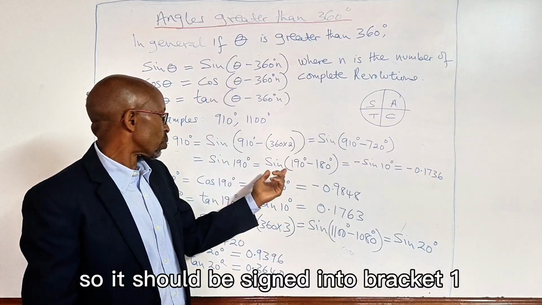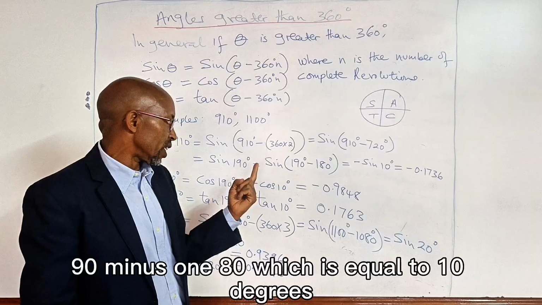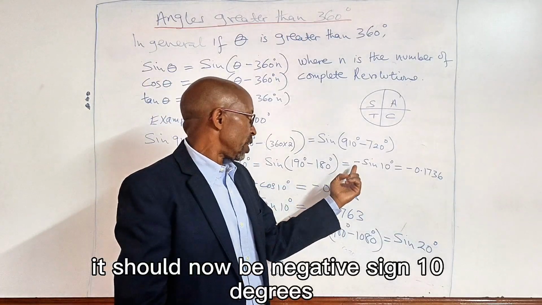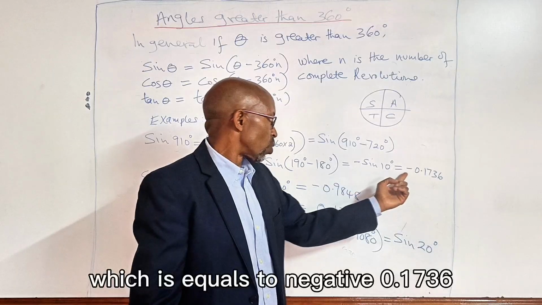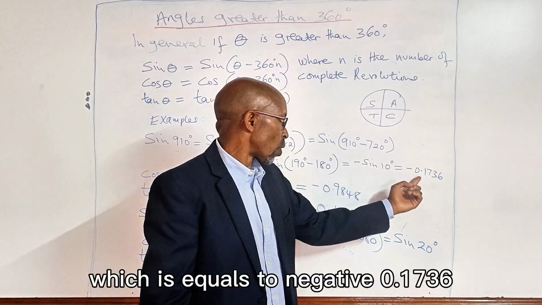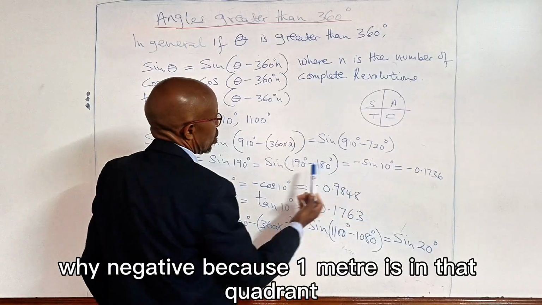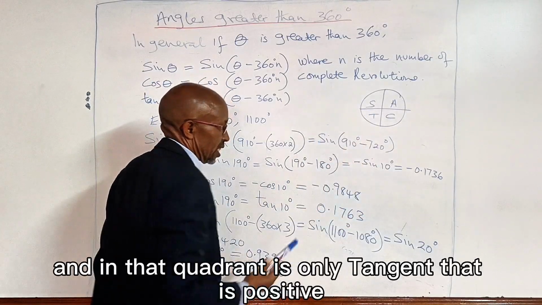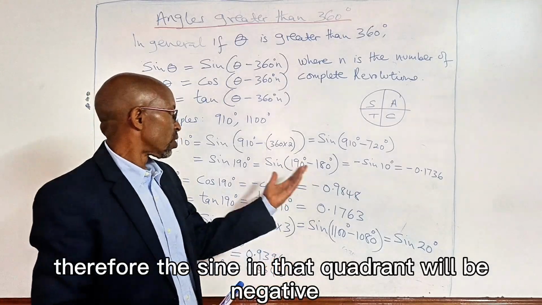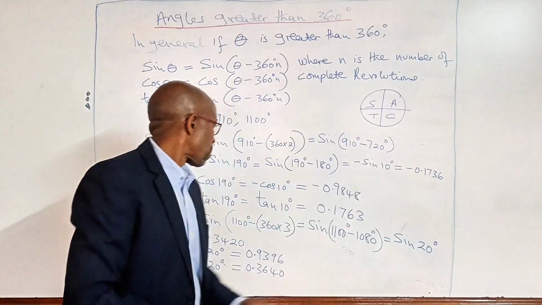So it will be sine into bracket 190 minus 180, which is equal to 10 degrees. It will now be negative sine 10 degrees, which is equal to negative 0.1736. Why negative? Because 190 is in the third quadrant, and in the third quadrant it is only tangent that is positive. Therefore, the sine in that quadrant will be negative.